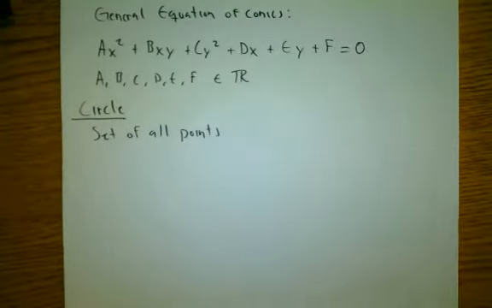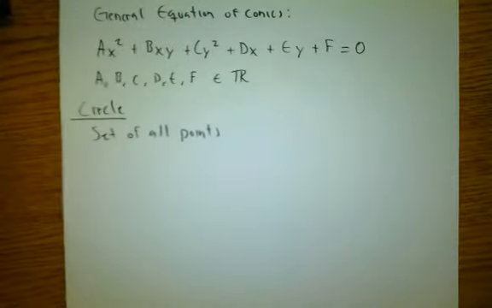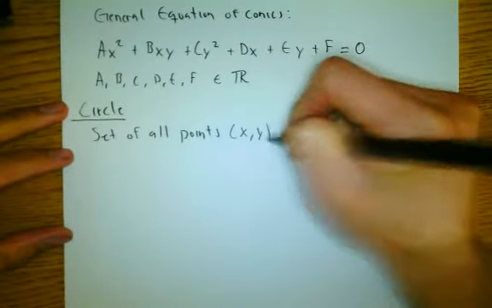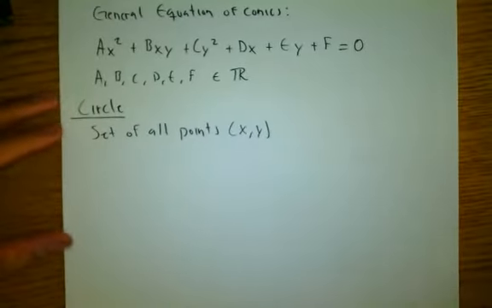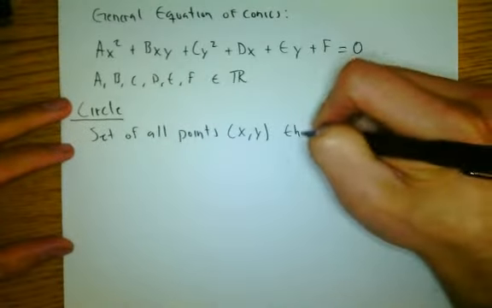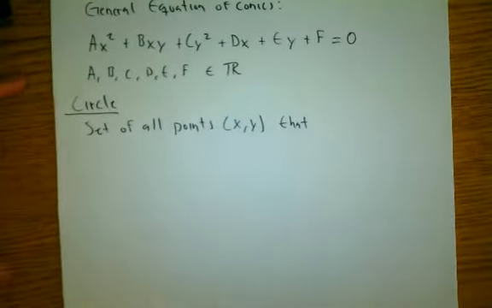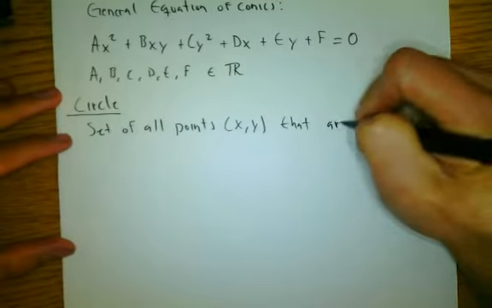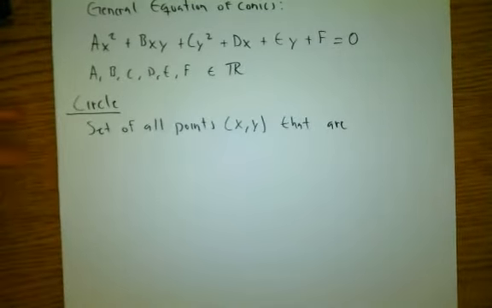Instead of lines, I want to use points, and I want to use all of them because there is an infinite amount of points that we can put on a circle. We're going to put this on the plane to make this easier. So let's call those points x, comma, y. The set of all points that are, you said same distance, right? So that are equidistant.